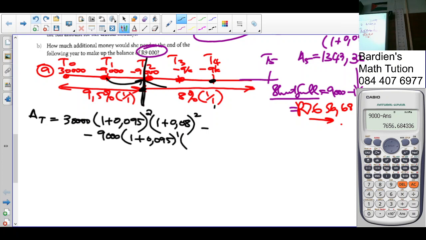And then throwing that interest for a further 2 years at 0,08, so it's 1,08 for 2 years. Then, I've considered that 9,000. Now let's consider another 9,000, so minus 9,000.